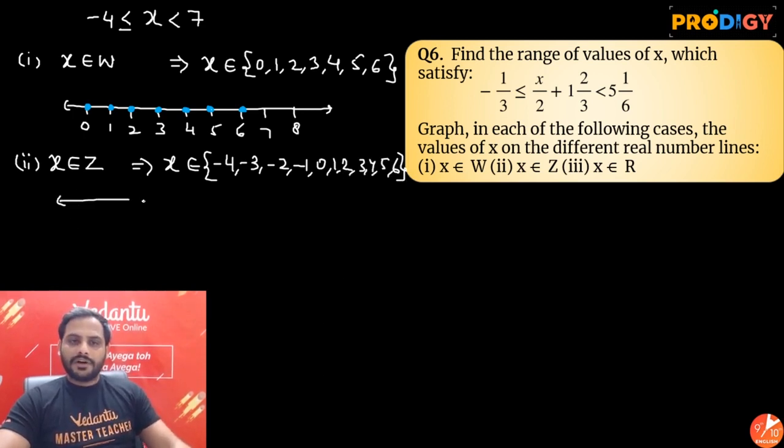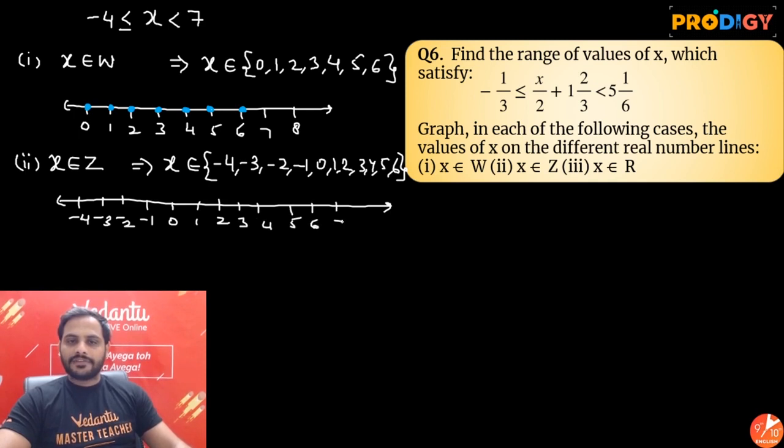So again on the number line, I will show minus 4, minus 3, minus 2, minus 1, 0, 1, 2, 3, 4, 5, 6, 7 and 8. Alright, so here the graph will be like: minus 4 is accepted, minus 3, minus 2, minus 1, 0, 1, 2, 3, 4, 5 and 6.